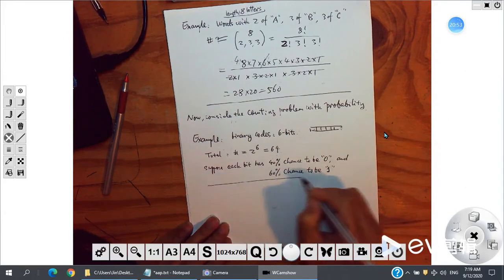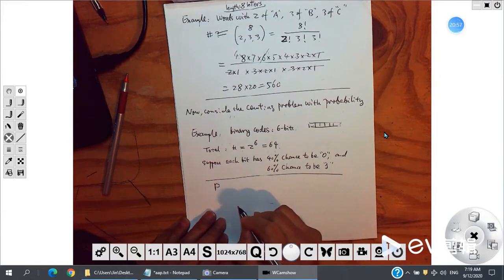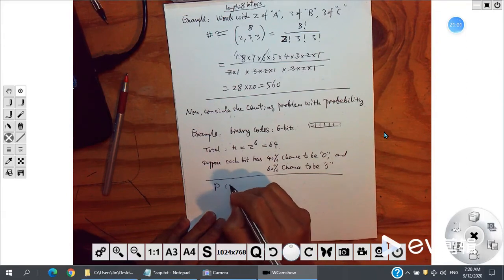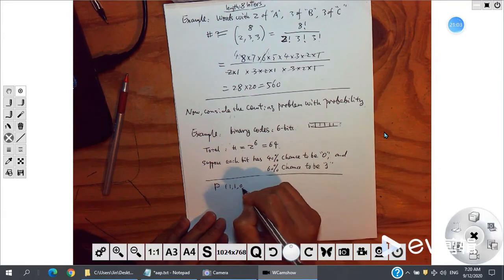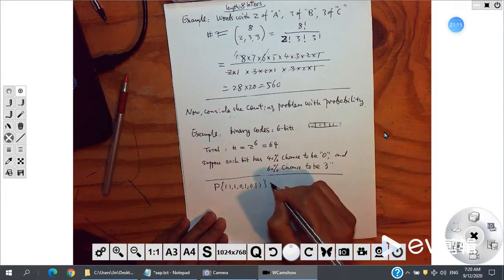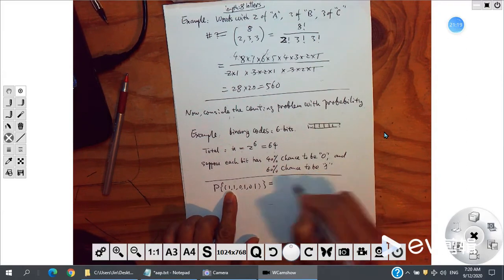Okay, now we consider the probability of one code, like the code 1 1 0 1 0 1, positions 1 2 3 4 5 6. What is the probability we have this code? You can see the first location is 1, so we have 0.6 as a probability, right?